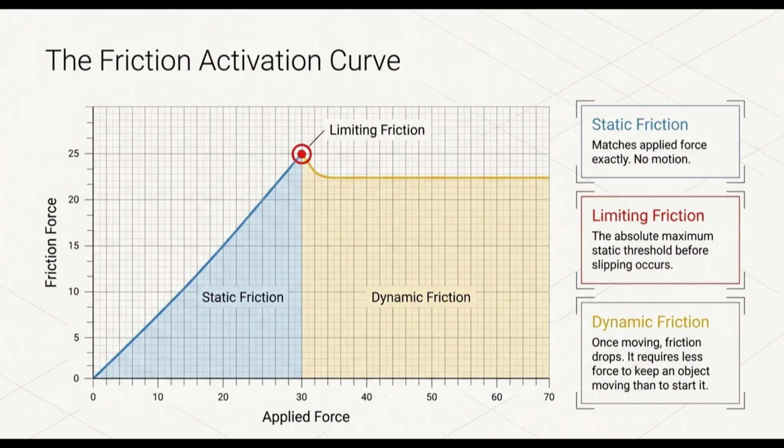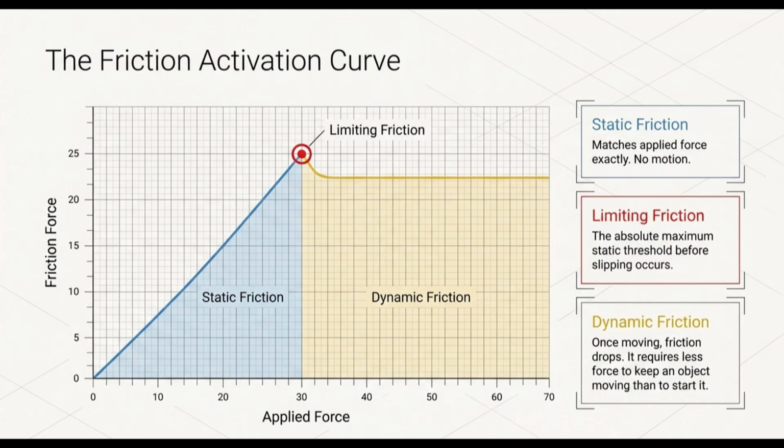Once the applied force reaches the maximum static friction, what will happen? The object begins moving. After motion starts, friction decreases slightly and becomes dynamic or kinetic friction. Dynamic friction remains relatively constant while the object continues moving.